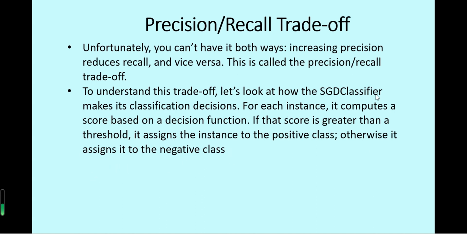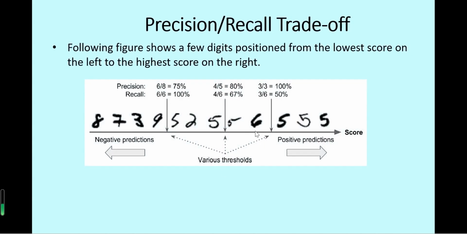So the classifier will create a score for each instance, and we can set a threshold. If the threshold is set very high or very low, then the same score will get different results for positive or negative, right? So this is the figure.